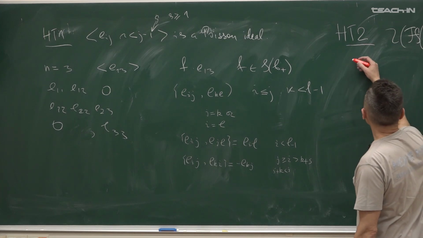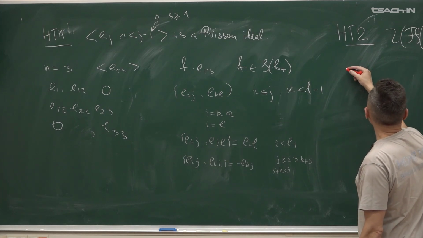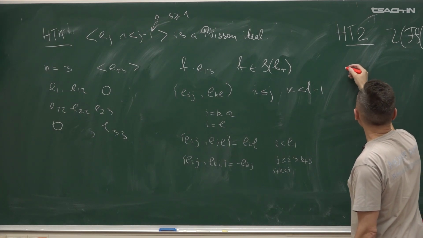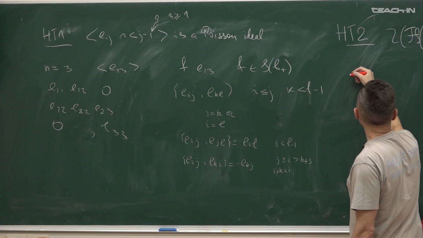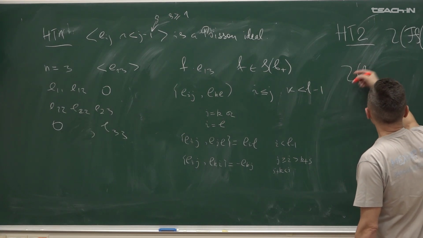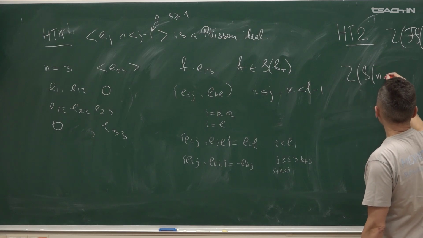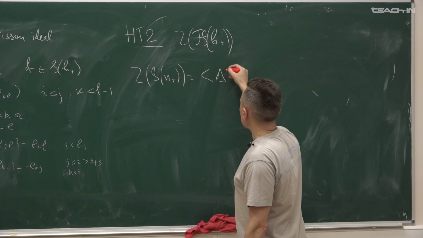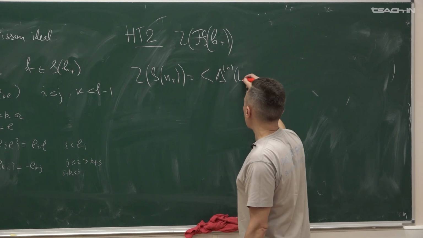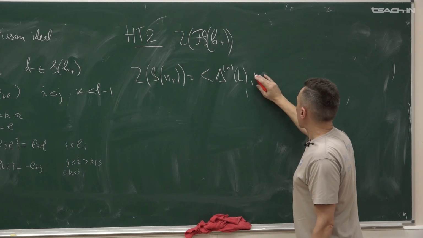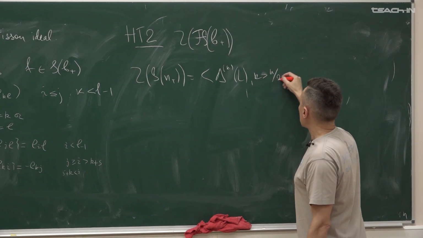But maybe firstly, I propose to you to verify the statement for nilpotent. So you remember that the center of S(n+) is generated by delta_k of l for k greater than n over 2.